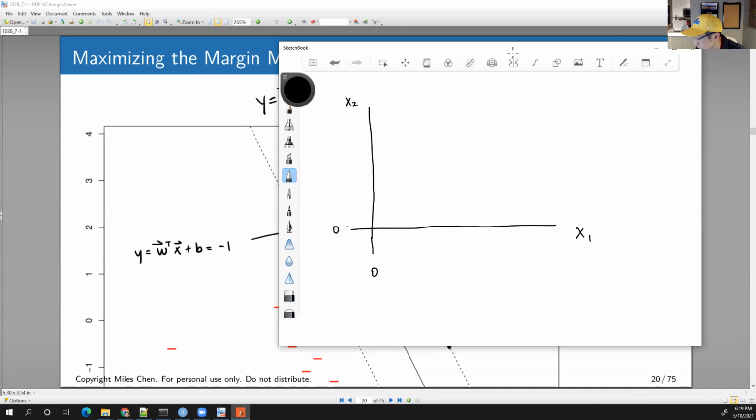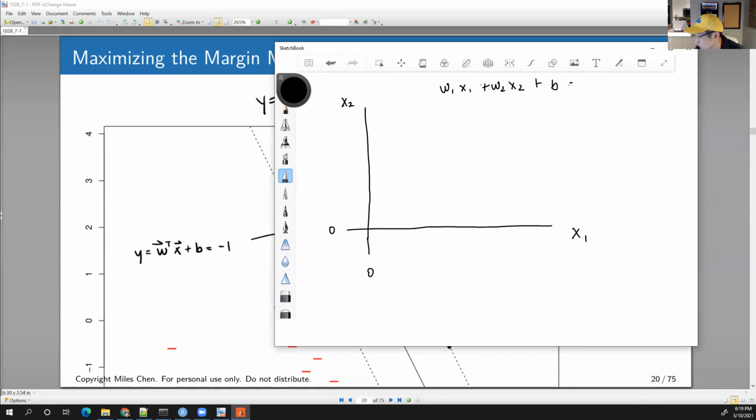Let's say we have 0 and 0. And then, just for simplicity, let's say W1 X1 plus W2 X2 plus B equals 0. All right, and so let's just do W1 equal to 1, W2 equal to 2, and B equal to, well, let's just plug in some numbers.